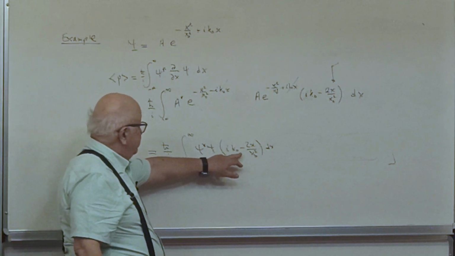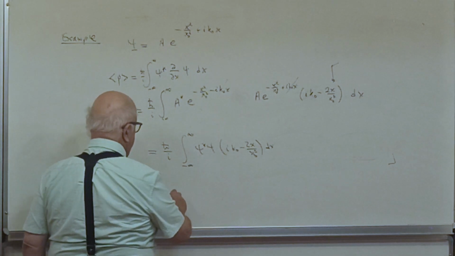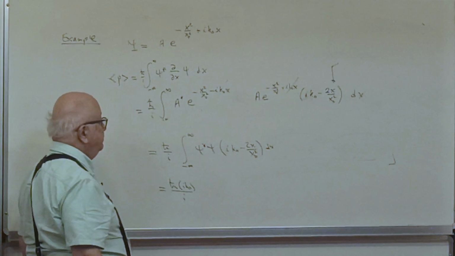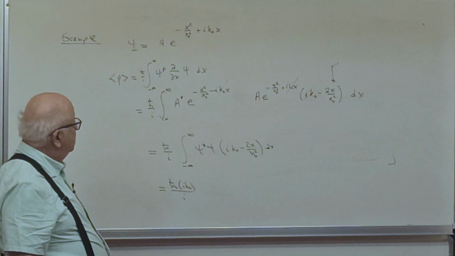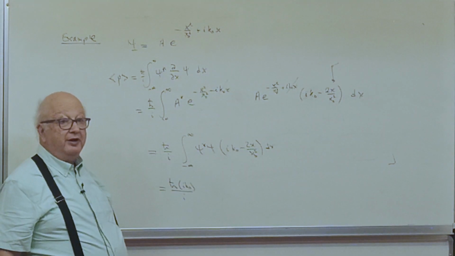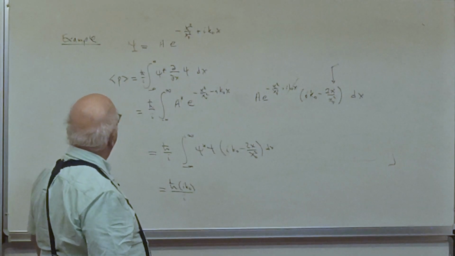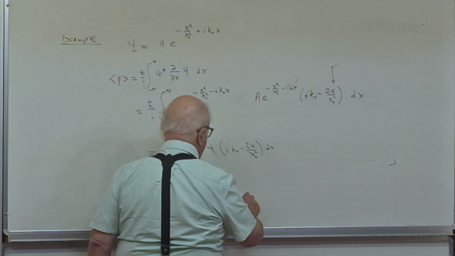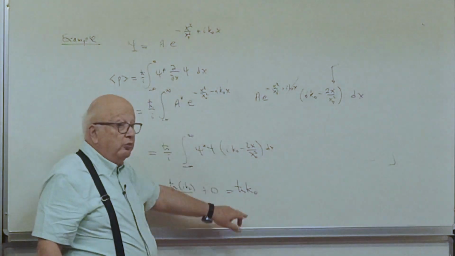The i k0 is just a constant, and the wave function is normalized, so I get h bar i k0 over i from the first integral. What is the second integral? The integral of x times psi star psi is 0. That's just the average position of the particle, and we decided last time that it was 0. So I get h bar k0. That is the expectation value of the momentum.